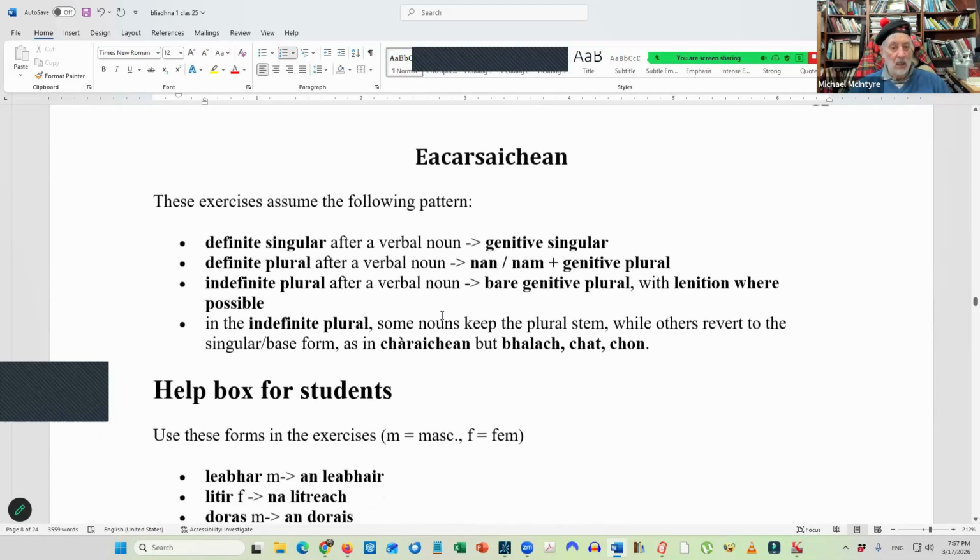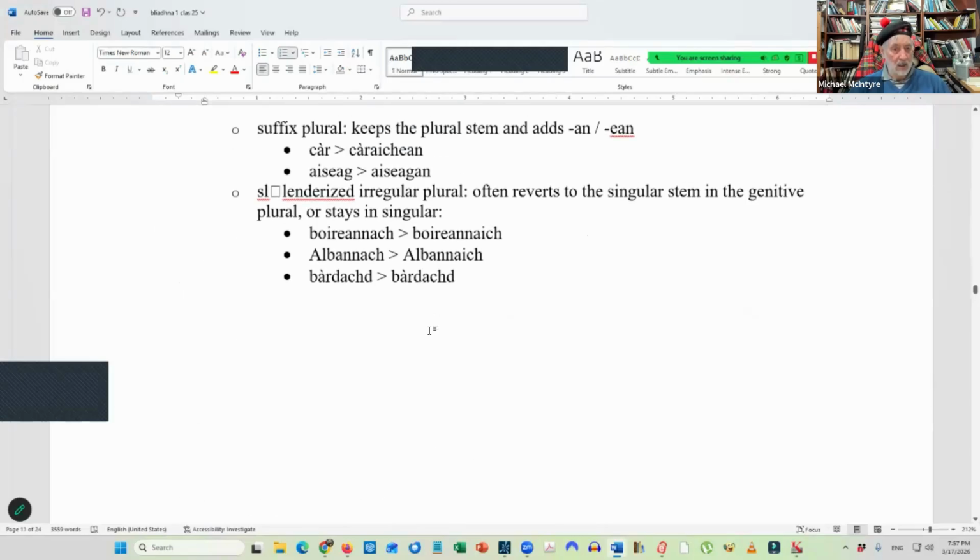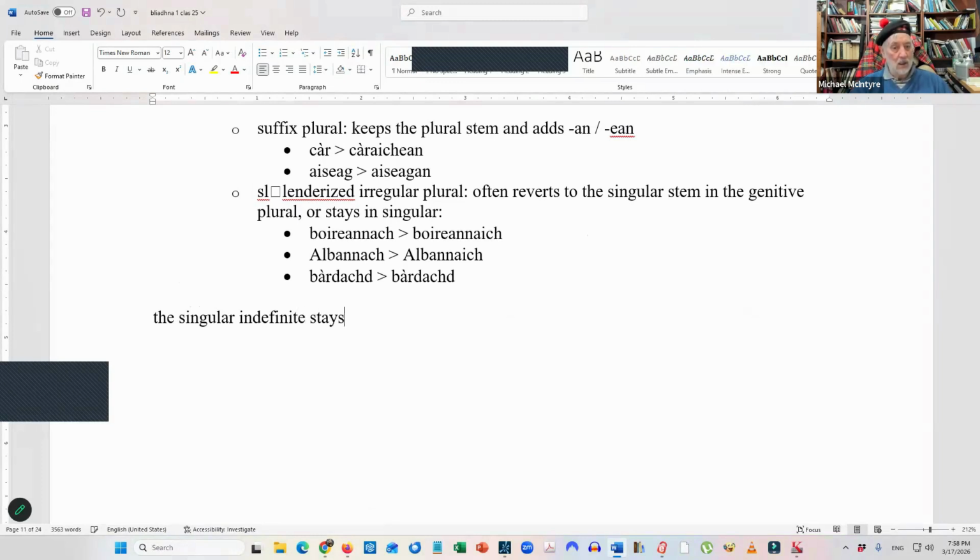So the singular. I'll put a note here. The singular indefinite stays the root, stays the genitive.